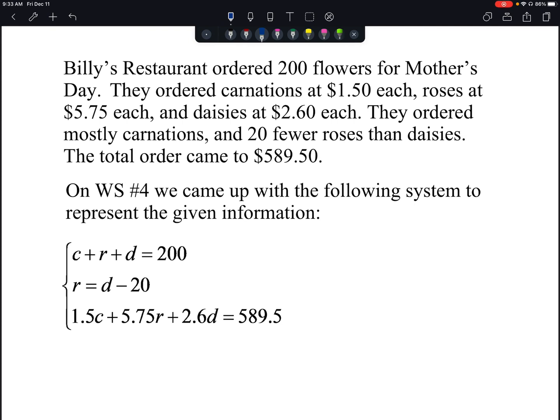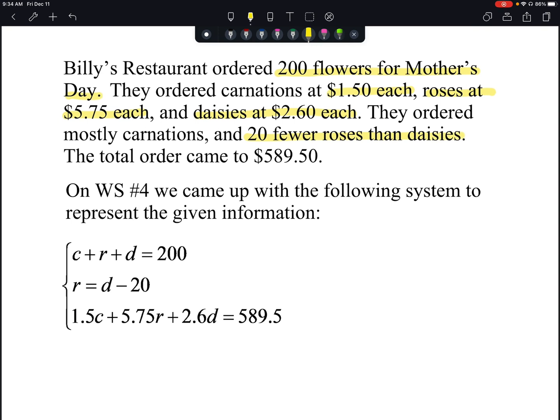It says, Billy's Restaurant ordered 200 flowers for Mother's Day. They ordered carnations at $1.50 each, roses at $5.75 each, and daisies at $2.60 each. They ordered mostly carnations and 20 fewer roses than daisies.